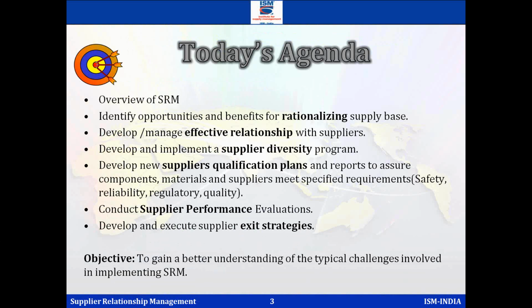Supplier performance evaluations. And the last bullet would be about developing and executing a supplier exit strategy. Some suppliers don't do a good job. You made a strategic relationship with them. You built up a relationship, but then you find things don't work the way you want. That's the exit strategy.